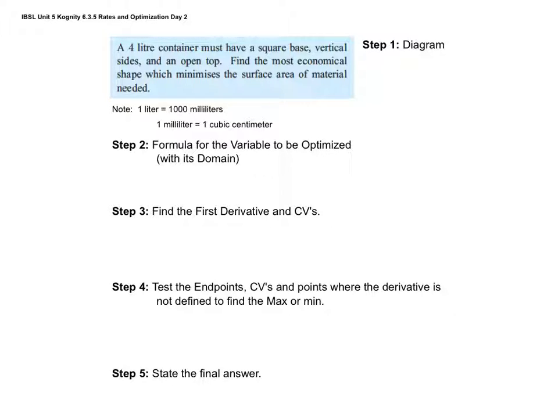So we have here a 4-liter container, must have a square base, vertical sides, and an open top. Find the most economical shape which minimizes the surface area of material needed. Okay? Well, let's first of all draw a picture of this. It has a square base, so we have to kind of draw in 3D.